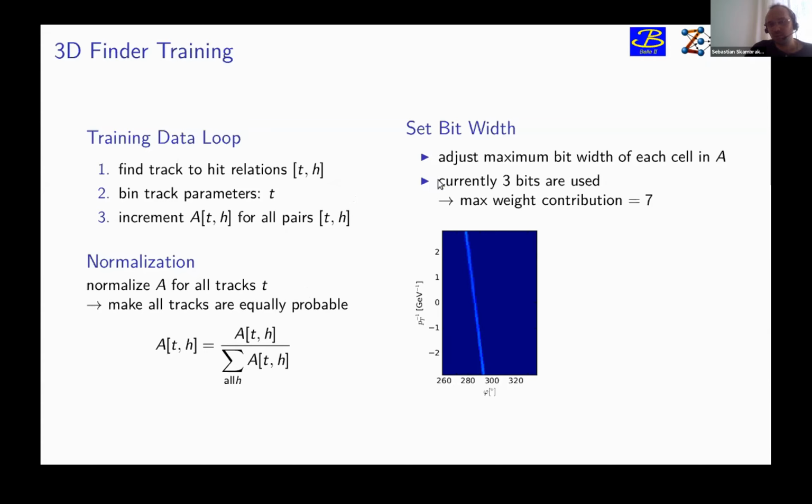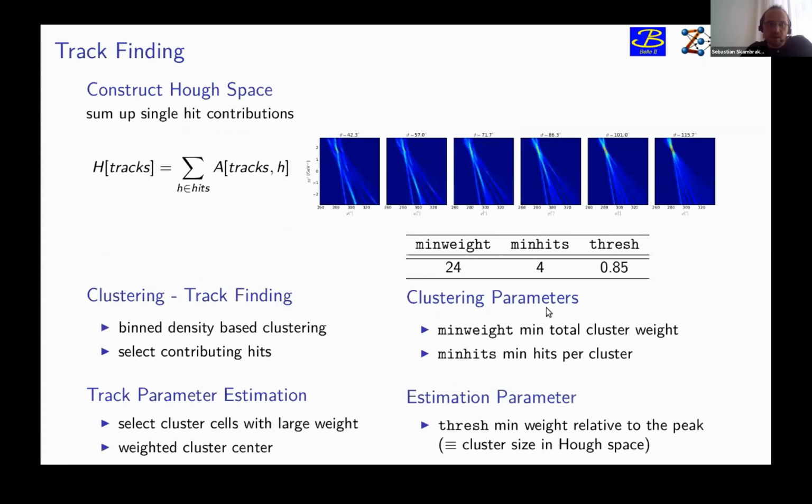Currently, we use 3 bits, to make it possible to realize this on hardware at some point. This means the maximum weight of a single pixel here is 7 with 3 bits. This could be adjusted, but right now, with 3 bits, the maximum weight contribution is 7.